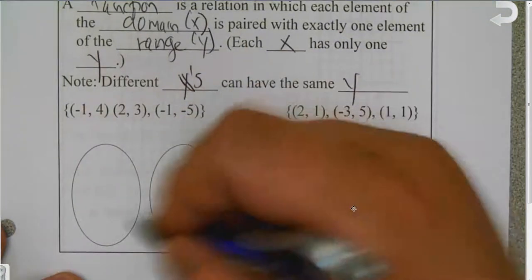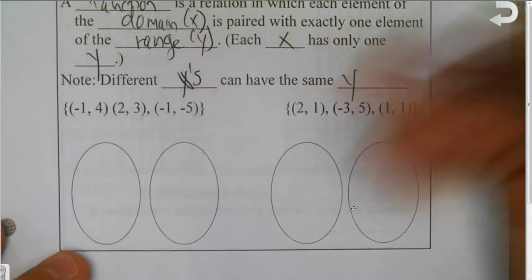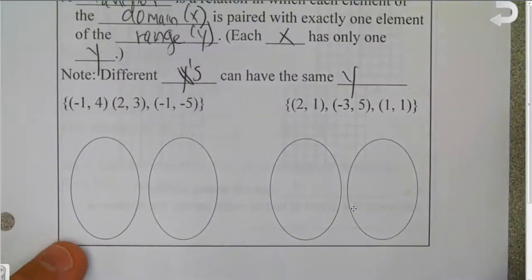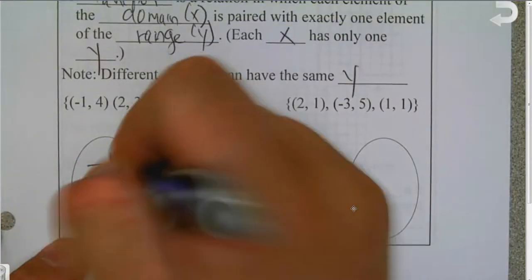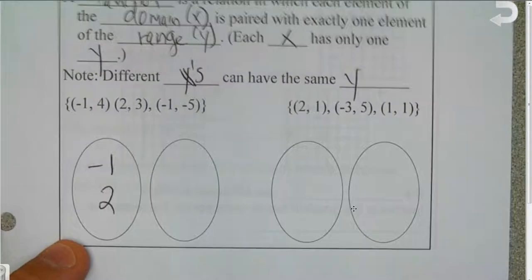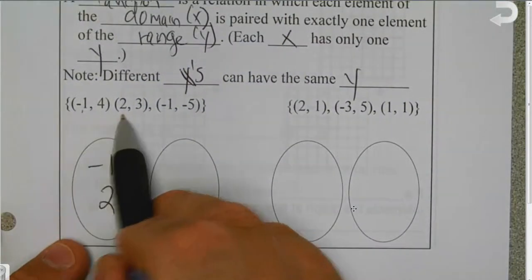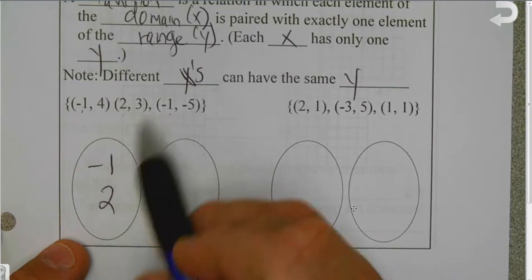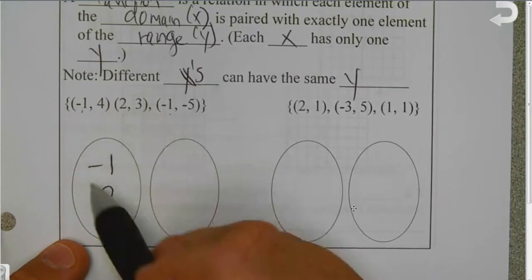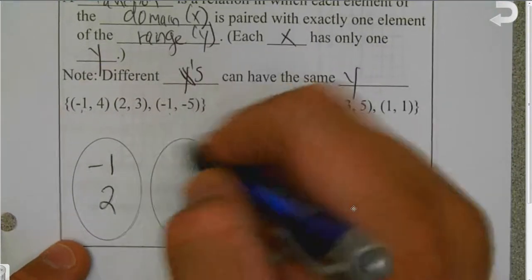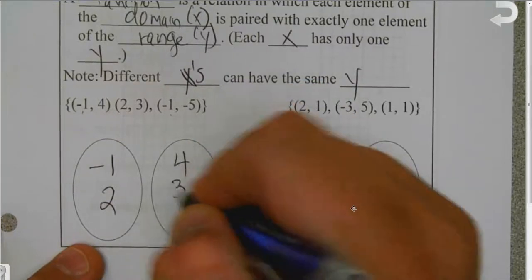So, when I do this one over here, and I look at determine if it's a function or not, I'll list all the x values in order from least to greatest. So I have -1, 2, and -1. I don't list -1 again because it's already here. And then the y's, I can put them in whatever order. Doesn't matter.